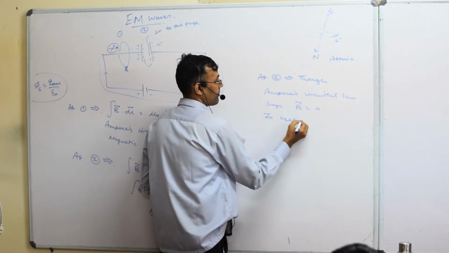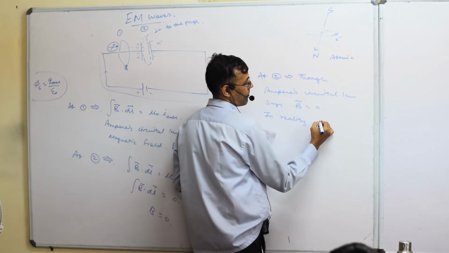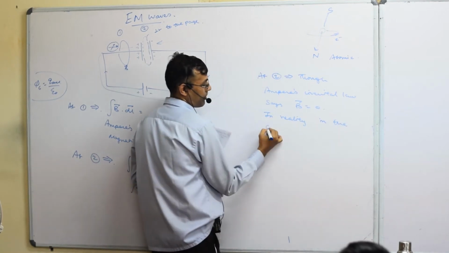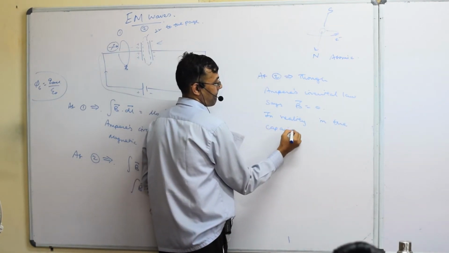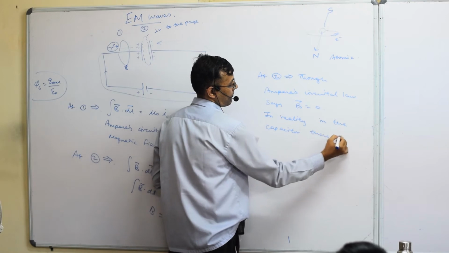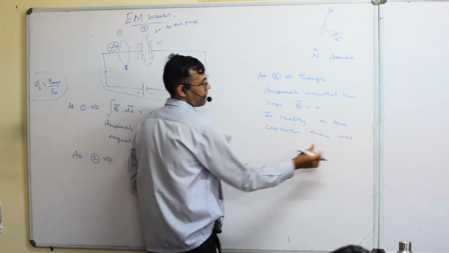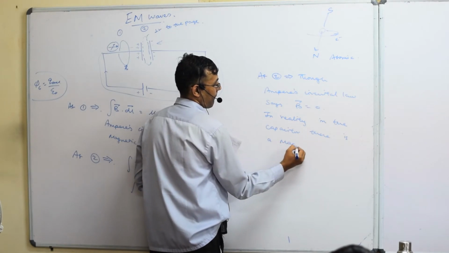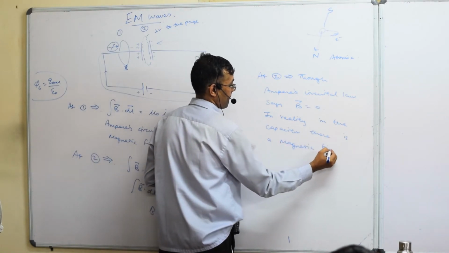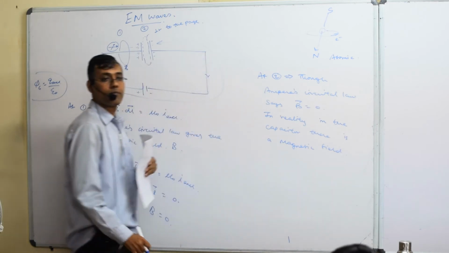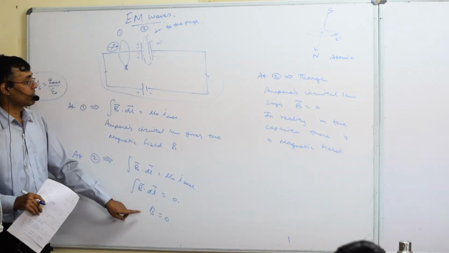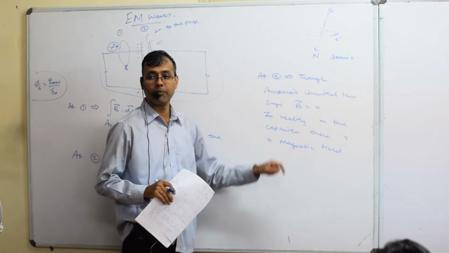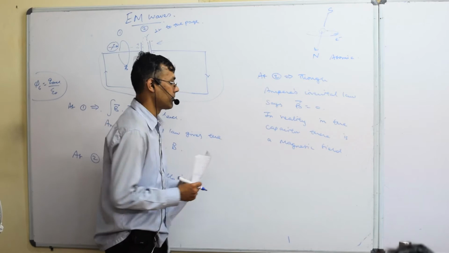In reality, in the capacitor, there is a magnetic field. That means Ampere's circuital law says B is 0, but Maxwell found that there is some magnetic field inside the capacitor, which means there was some discrepancy.